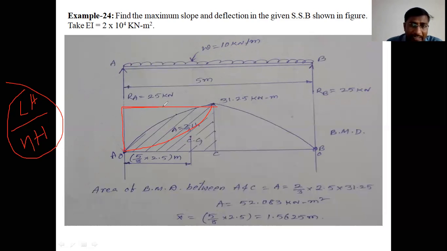You should consider a rectangle between A and C. L into H is the area. From this you have to subtract the concave parabolic curve area. Then we get the remaining area, the required area. So LH minus LH by n plus 1.